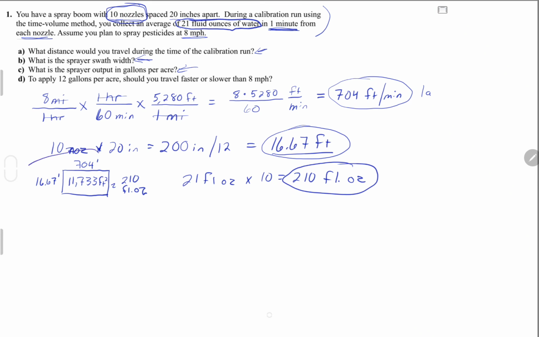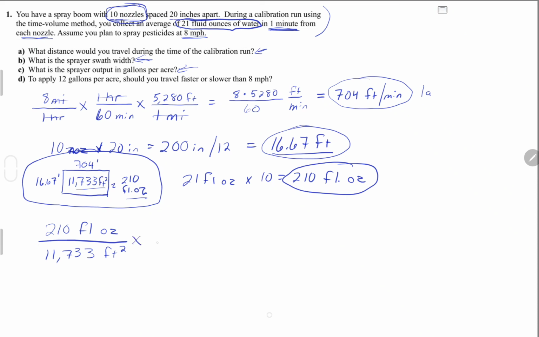So this then has almost all of the information we need to get to our final answer of gallons per acre. It gives us a volume, and it gives us an area. And then all we have to do is do unit conversions to get to gallons per acre. So if we run through that calculation, 210 fluid ounces were applied to an area of 11,733 square feet.